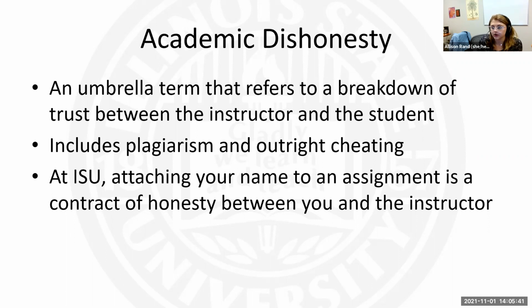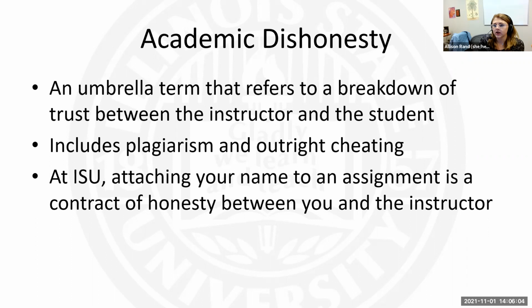So that includes plagiarism. That also includes things like outright cheating or having someone else do an assignment for you. Anything that is a breakdown of trust that goes against that contract of you attaching your name to an assignment can be considered academic dishonesty.